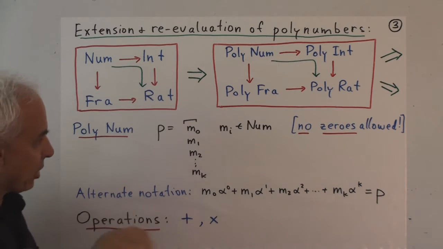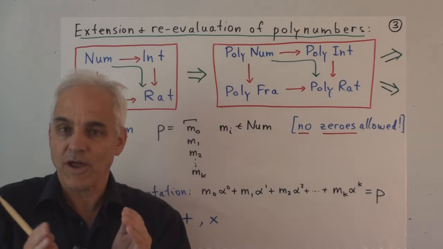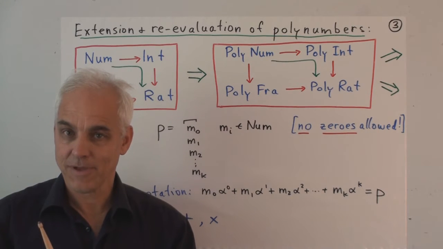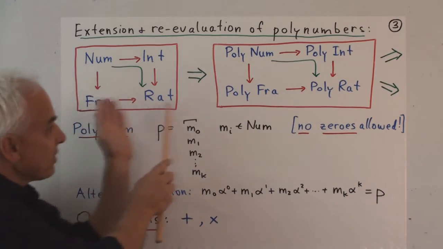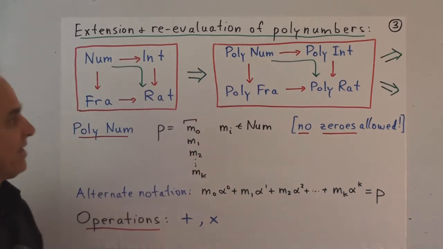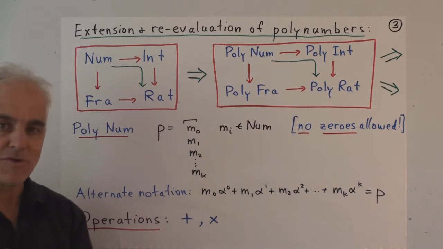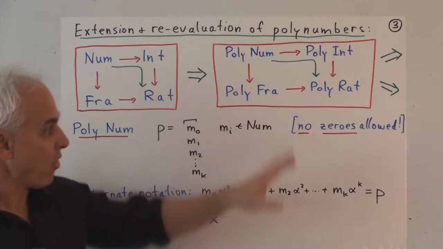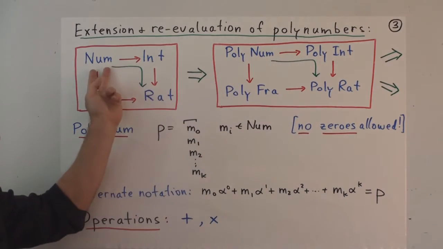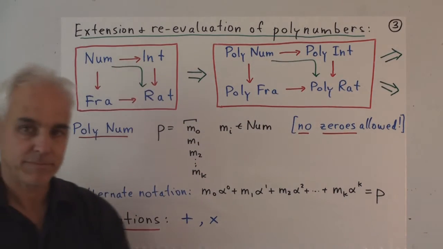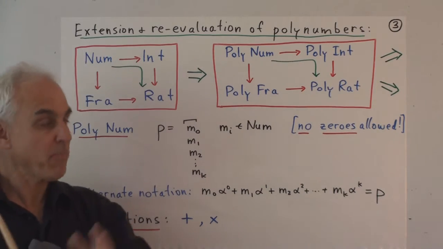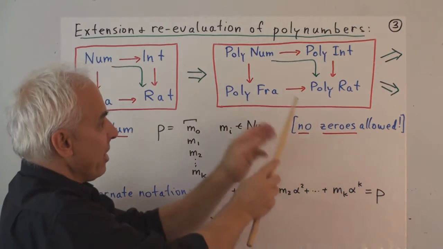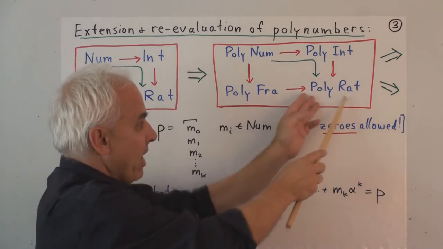So this is a nice little closed system, which is smaller in some sense than the positive polynumbers we were considering before. So in trying to keep an analogy between these two things, it's now an interesting thing to contemplate these polynumbers as fundamental building blocks for polynomial arithmetic, just the way natural numbers were the building blocks over here. So from that point of view, how would we then proceed to define integral polynumbers, fractional polynumbers, and rational polynumbers?